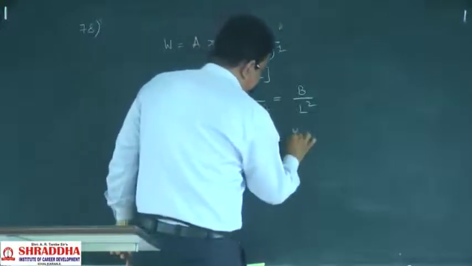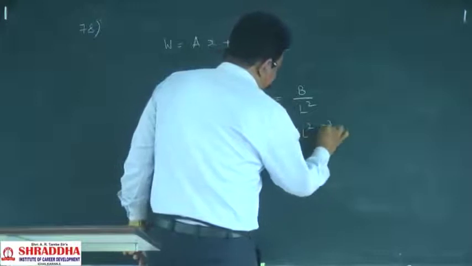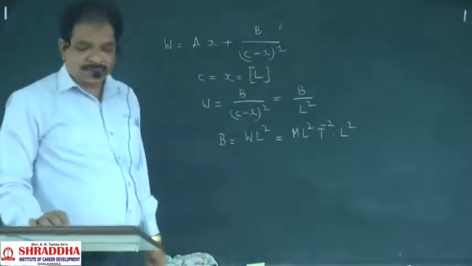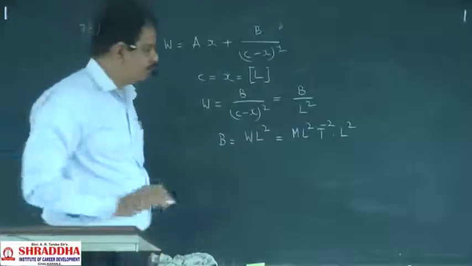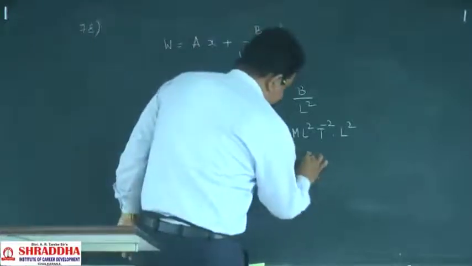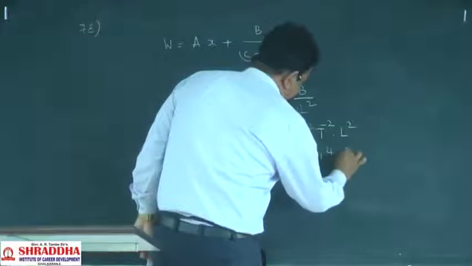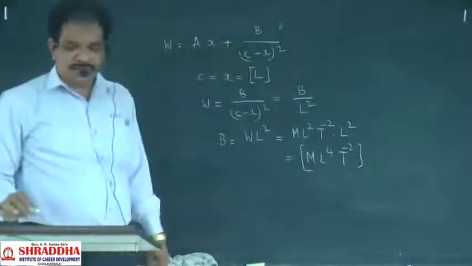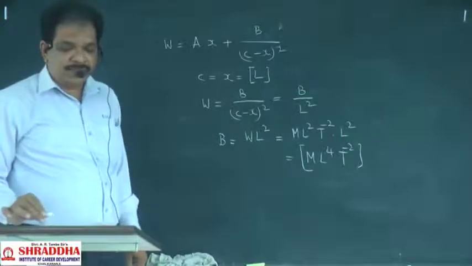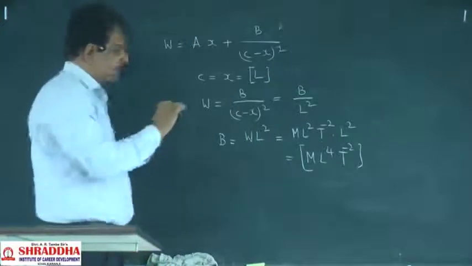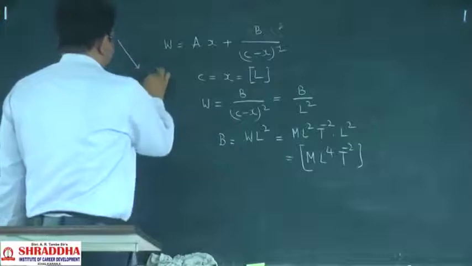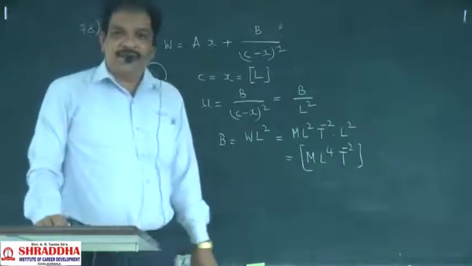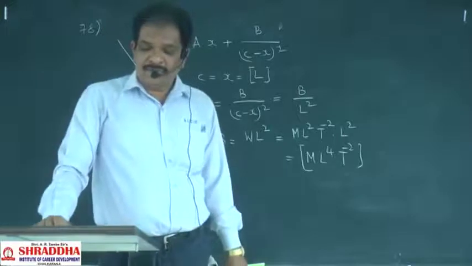W will be M L square T power minus 2 into L square. So this value is M L power 4 T power minus 2. So M L power 4 T power minus 2 is the dimensional formula of B.